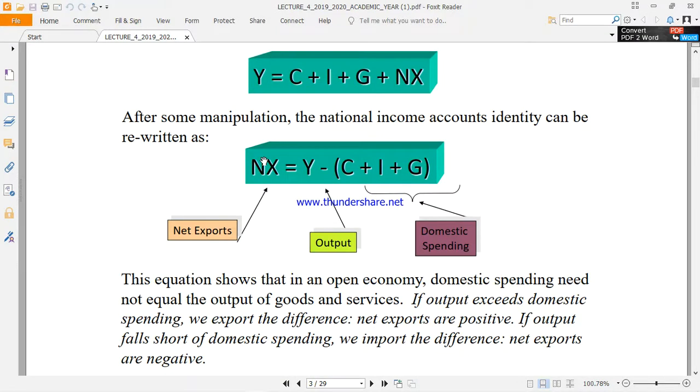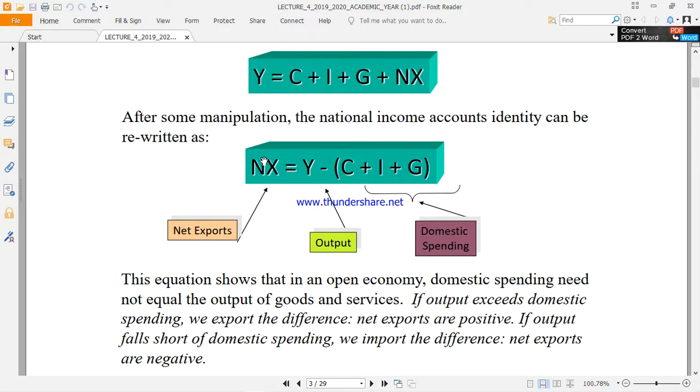Okay, so our model then becomes total demand is equal to consumption, investment, government expenditure, and net exports. But our aim is to factor out what we have introduced today, which is net exports. We want to understand what constitutes net exports.